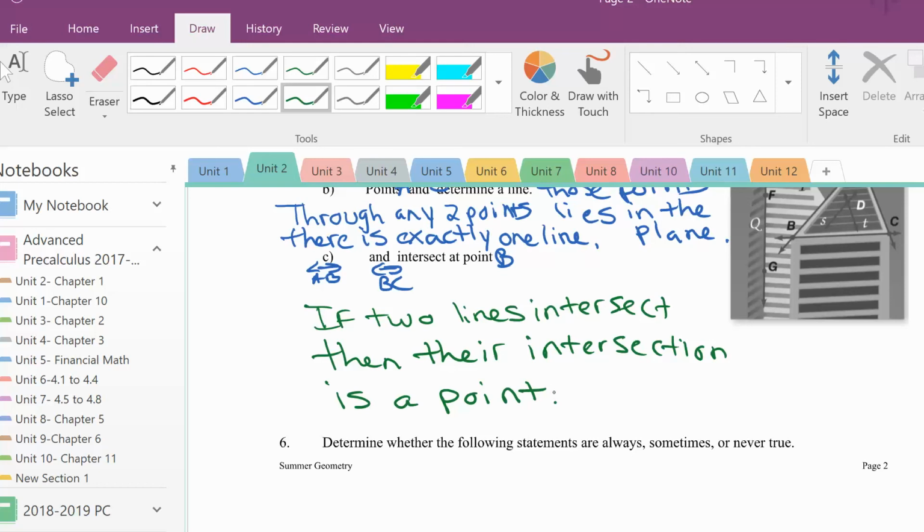All right. So then next, we're going to look at some things on the next page and determine, are they always true, sometimes true, or never true?